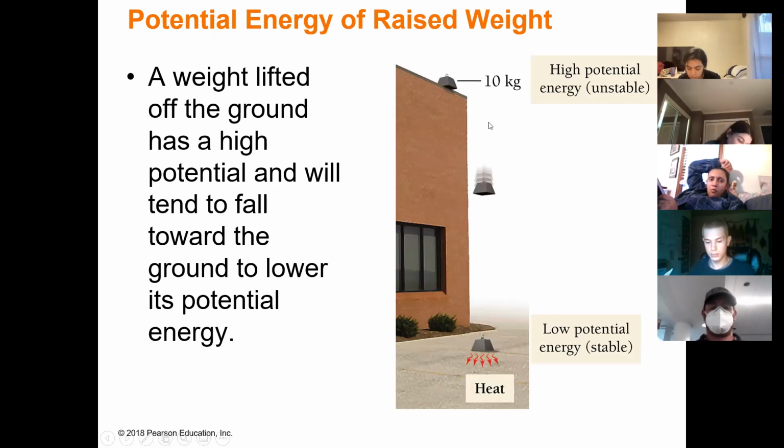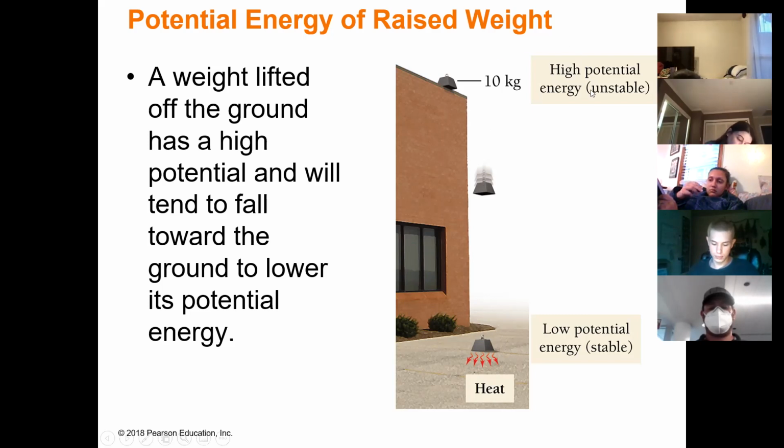That weight can then get dropped, and that potential energy can shift into kinetic energy, or movement energy. And if that weight hits the ground, it will transfer that kinetic energy as thermal energy, or heat. So we have this process of energy transferring constantly throughout the universe.